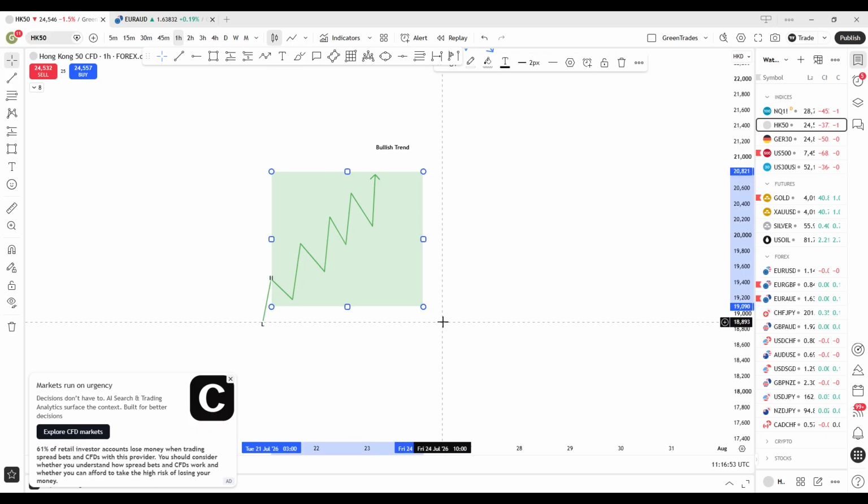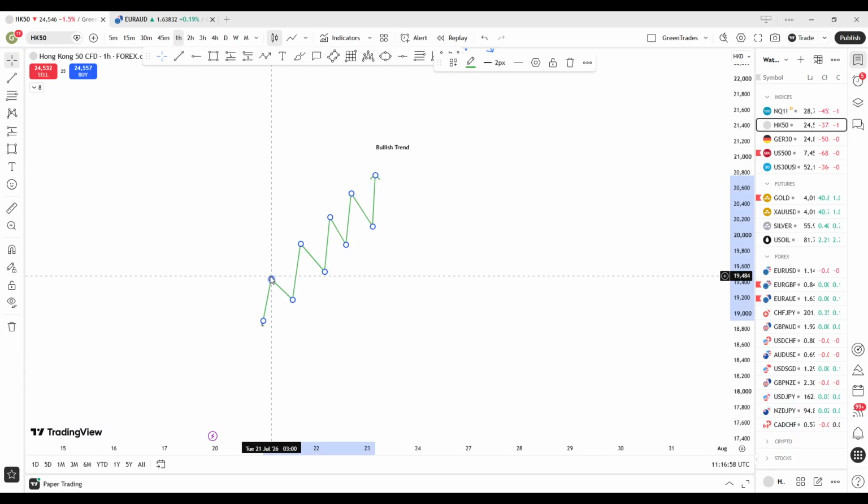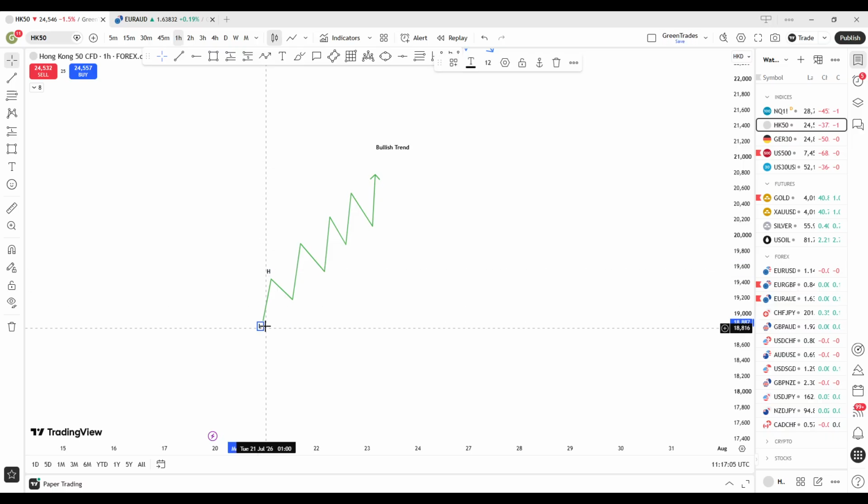All right, now let's go back to how the trend is looking. That's the lowest point and that's the highest point. For every bullish trend, when the market wants to go up, there is going to be a low and a high, and then a low which is lower than this high but higher than this low. When the market was down here, it went all the way up here, and then it came here.